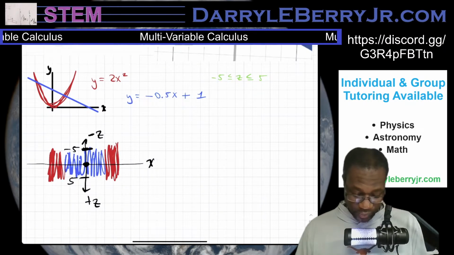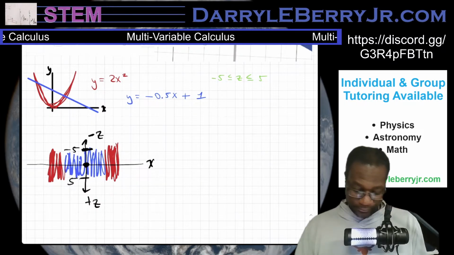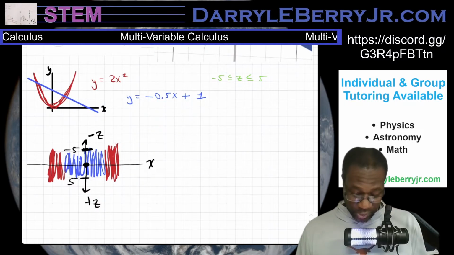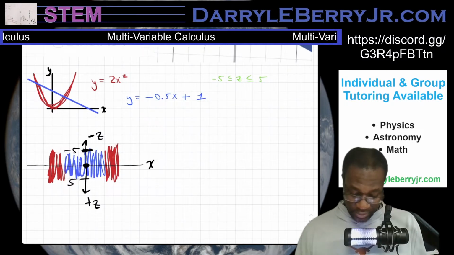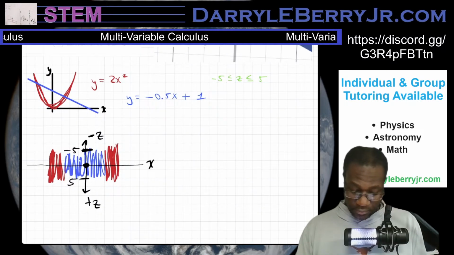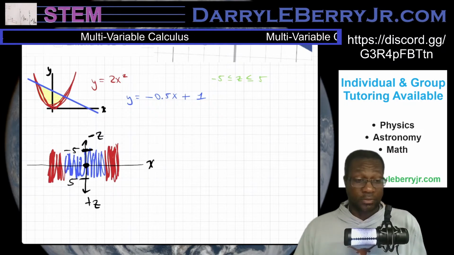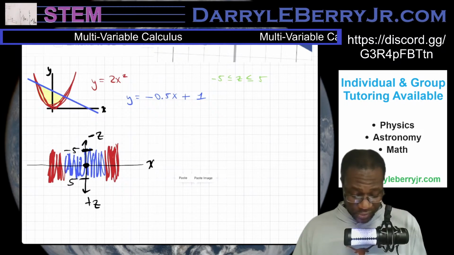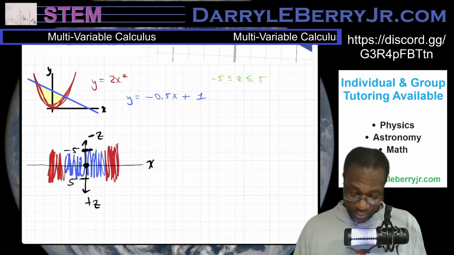So let's take a look and see. Hopefully I didn't make this too hard, but I think I should be able to do it. First thing we want to do is find out where the lines meet. So first I'll get the area there by finding out where the lines meet, where y is the same.